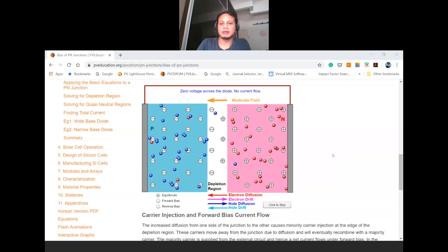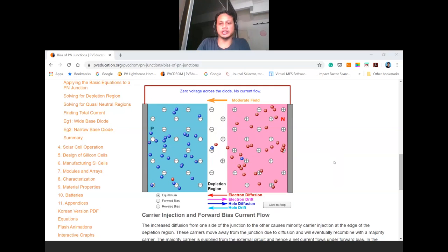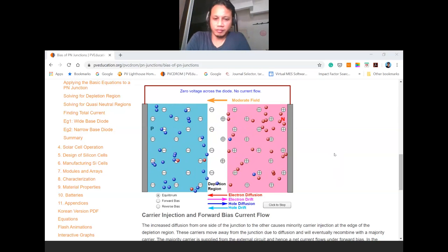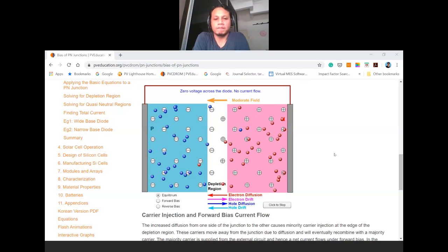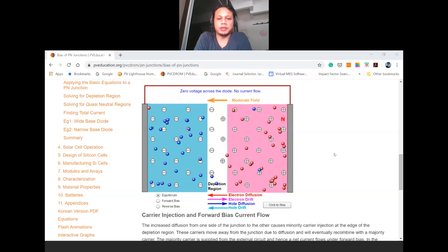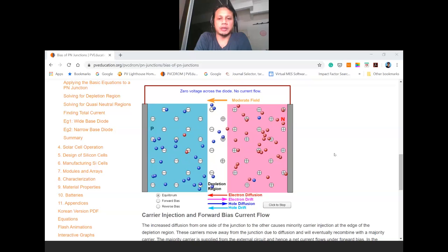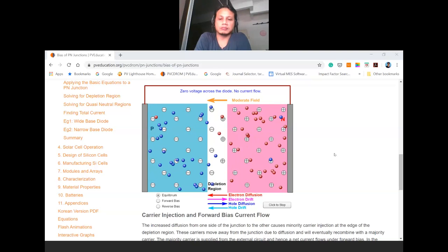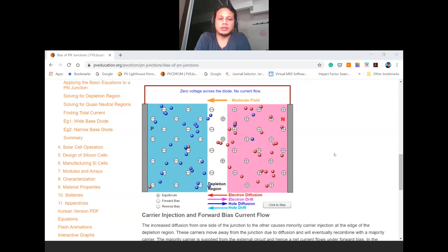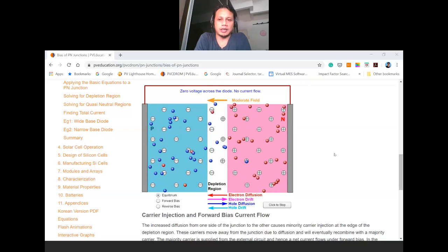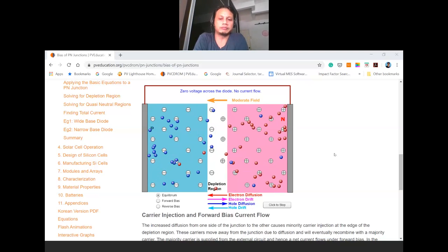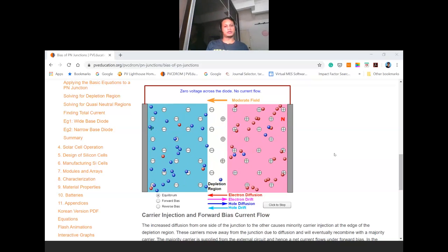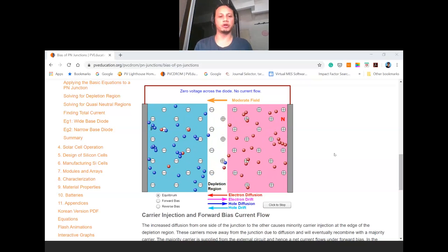Why at equilibrium are they not supposed to cross the junction? Let's recap before we move on. Why are they not supposed to cross? But you do see some crossing. Same concentration, yes, on both sides, already the same concentration. Okay, any other answers? Why are they not supposed to cross at thermal equilibrium?